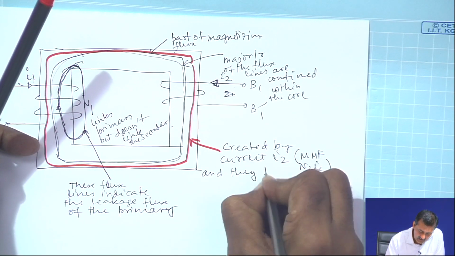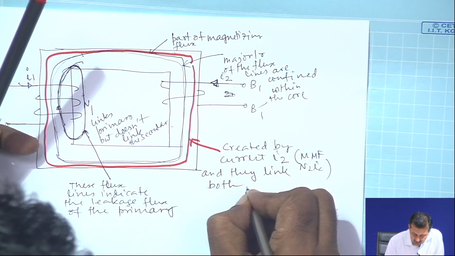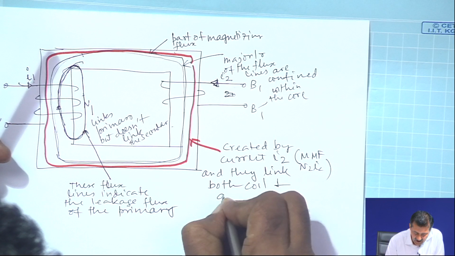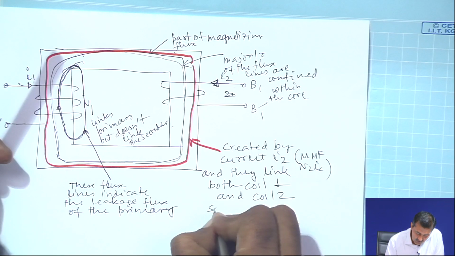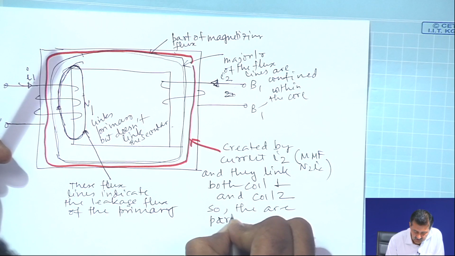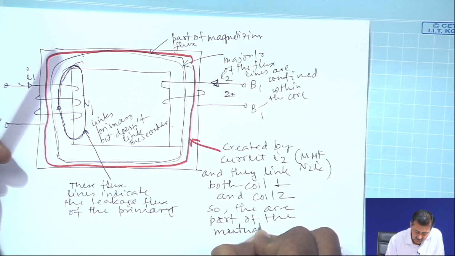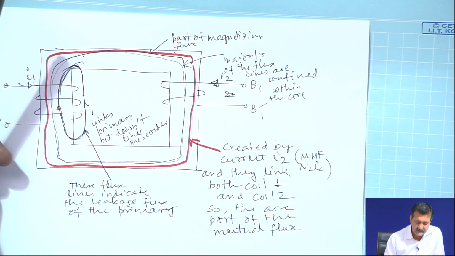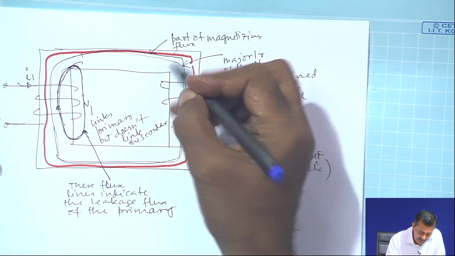They link both coil 1 and coil 2, so they are part of the mutual flux, or magnetizing flux. However, there is also another part which is created by the secondary coil, which is only linking the secondary.